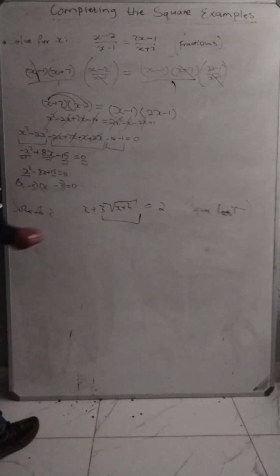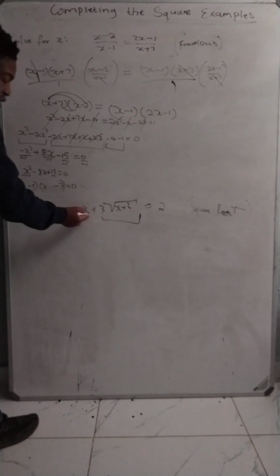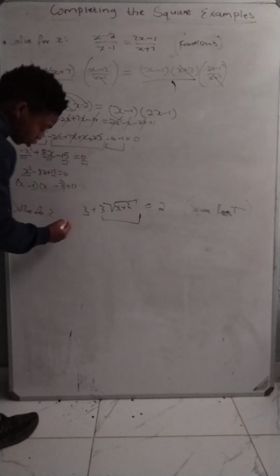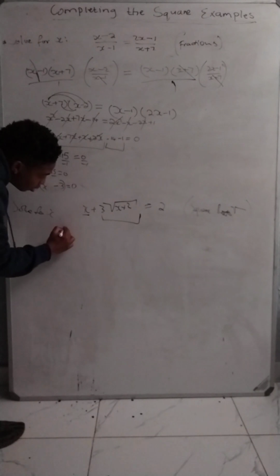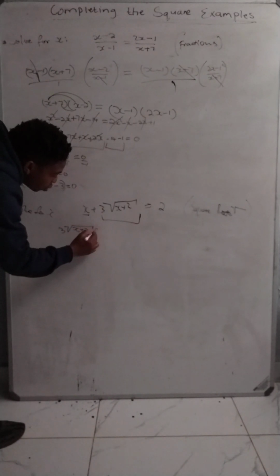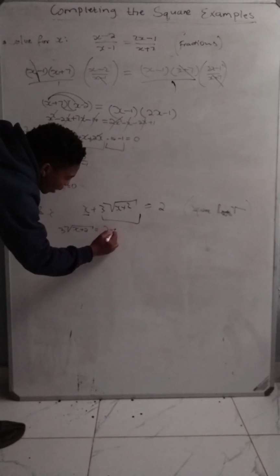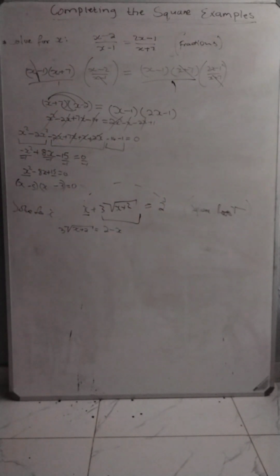Most people understand better when the x terms are on the left, but we will bring it back. So we'll take this x to the other side. So you will have 3 times the square root of x plus 2 equals 2 minus x. We've taken the x across.